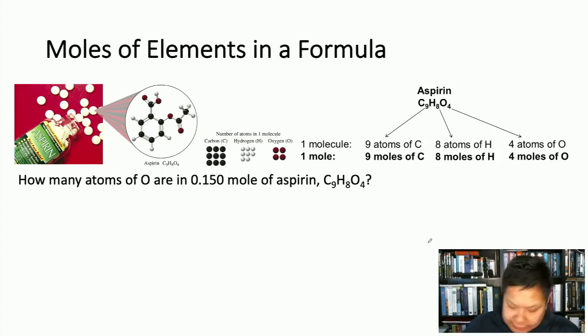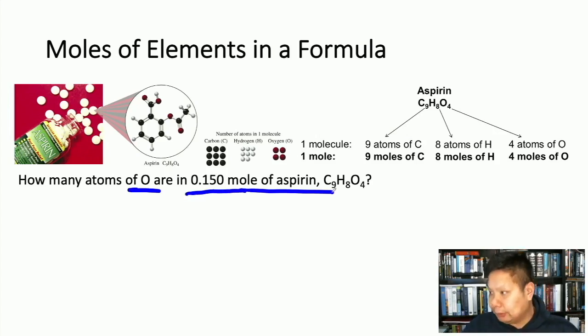So with this particular example, we can ask ourselves how many atoms of oxygen are in 0.150 moles of aspirin, right? Well, it's super simple. We start out the same way we did before with the other calculation, where it gives you the number of moles.